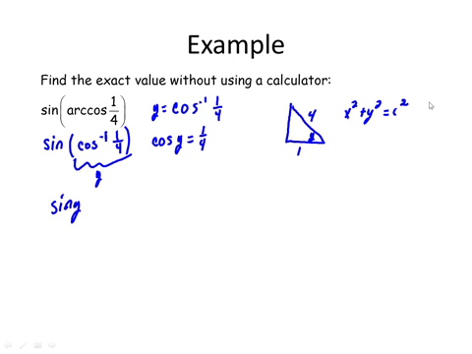Okay? So x squared plus 1 squared, which is 1, is equal to your hypotenuse squared, which is going to be 16. So x is equal to the square root of 15. Oh, well, guess what? It's going to be your opposite over your hypotenuse. So you get square root of 15 over 4.